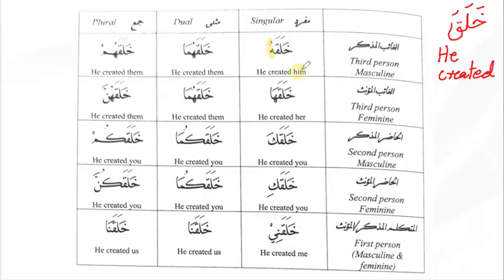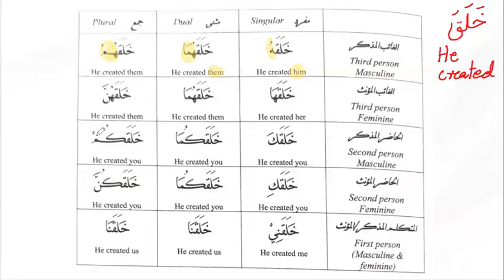Khalaqahu. He created him. Khalaqahuma. He created them. Huma is referring to who, guys? What does it mean by them? Two people, male. Very good.